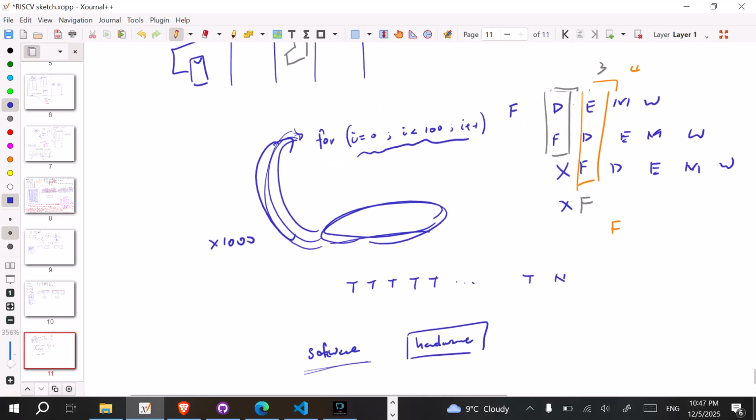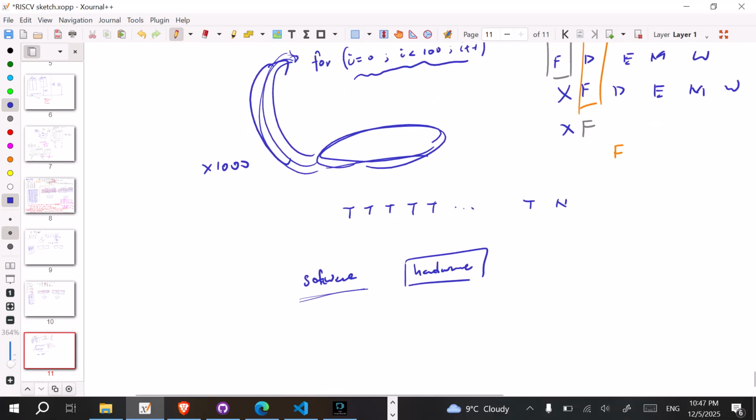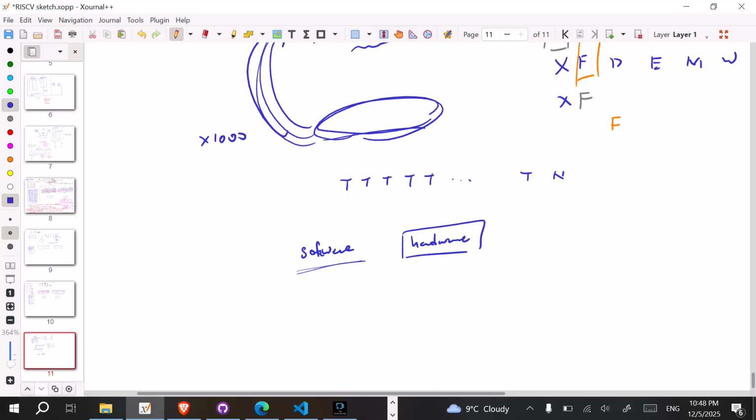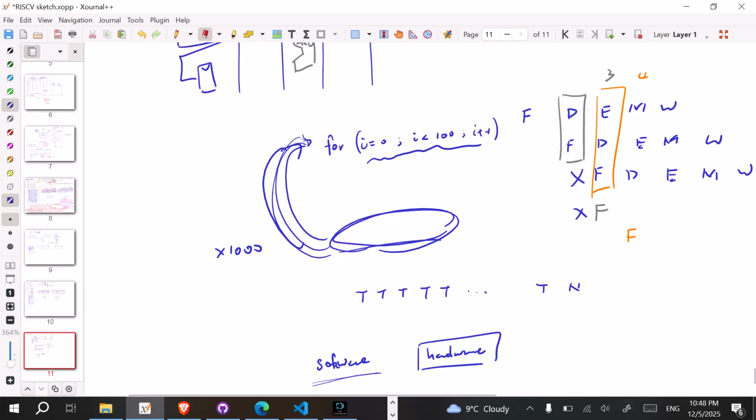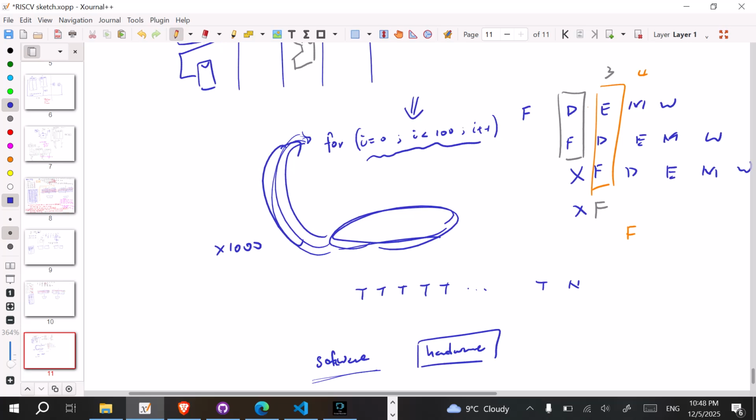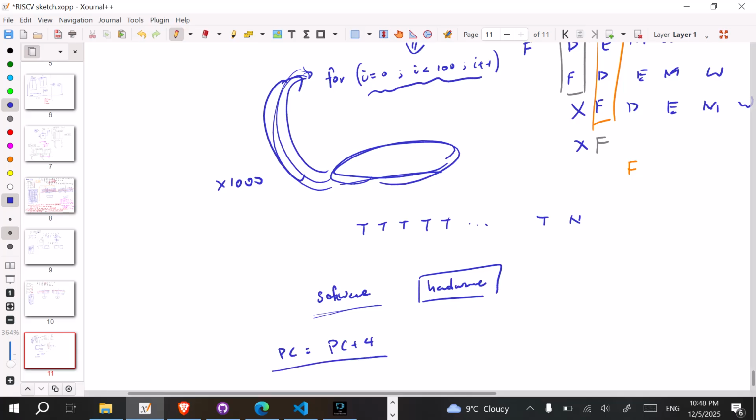If I tell my assembler that my policy is PC equals PC plus 4 as my branch-not-taken policy, then it can go here and generate an indication that, look at this, the majority of the time it's going to be true, isn't it? The majority of the time it's going to be jump, right? So it can rearrange the assembly code to allow this policy to be true. This is what you call software scheduling.